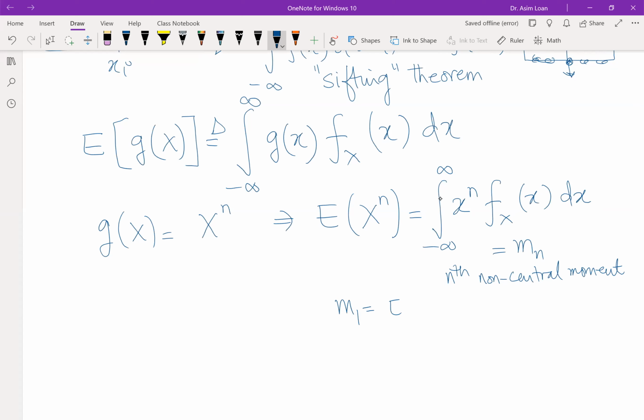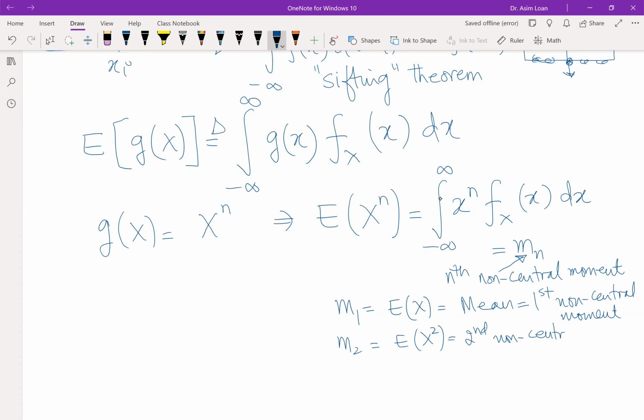M1 is expected of x. This is the mean. So the first non-central moment is the mean. M2 is expected of x squared. This is the second non-central moment.